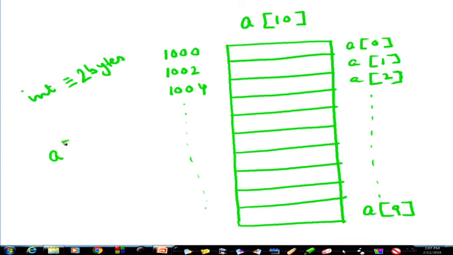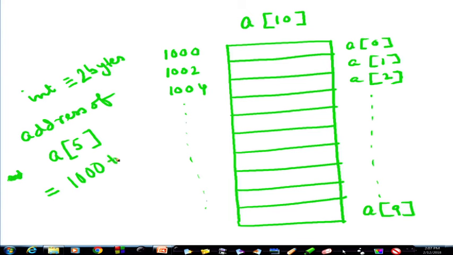So, if I say A5, the address of this A5 can be easily computed as the starting address 1000, whatever is the starting address, plus the index, which is 5, and the size of integer, which I know in a particular machine say 2 bytes, times the index.